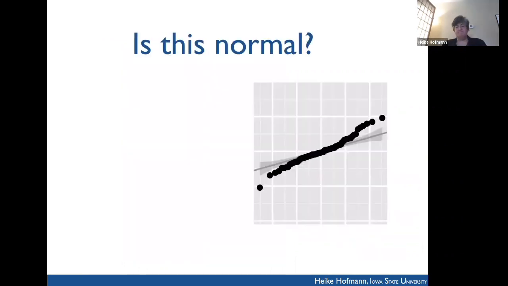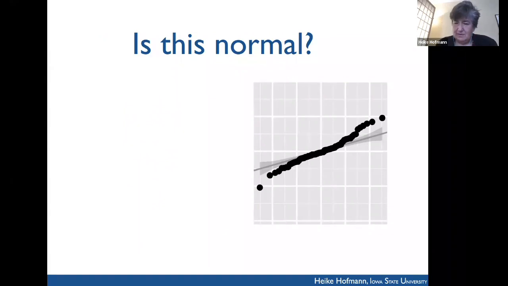So another question. Quite often we've got QQ plots and we're trying to check for normality. So given this QQ plot, can we say, is this normal?